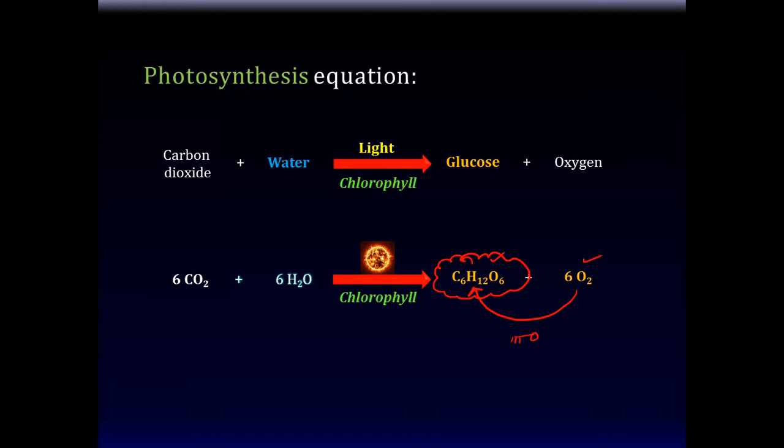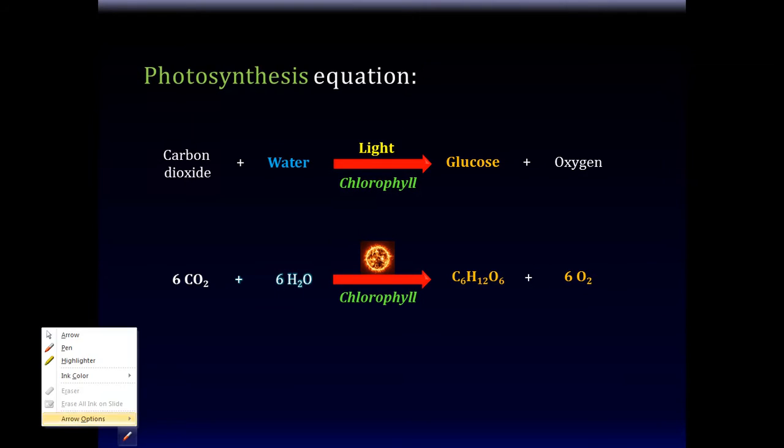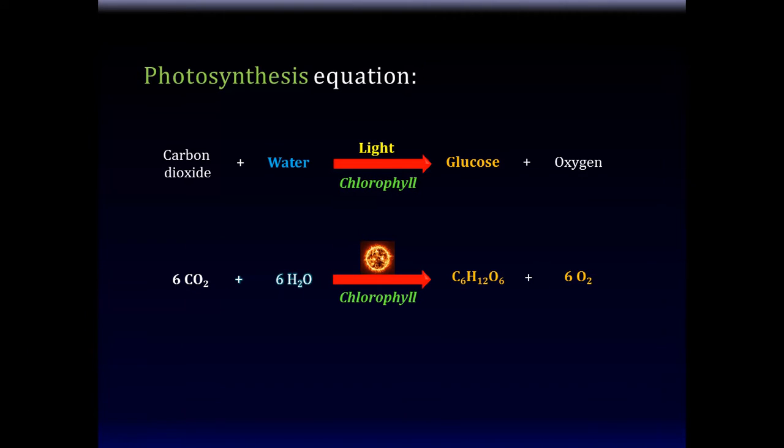So oxygen is kind of like the key that unlocks the energy in the glucose. It is so important. So not only do plants make glucose for us, they also make the product, the oxygen. That's like the secret key in unlocking that energy. And we take the energy from the glucose and we use it for our daily processes.